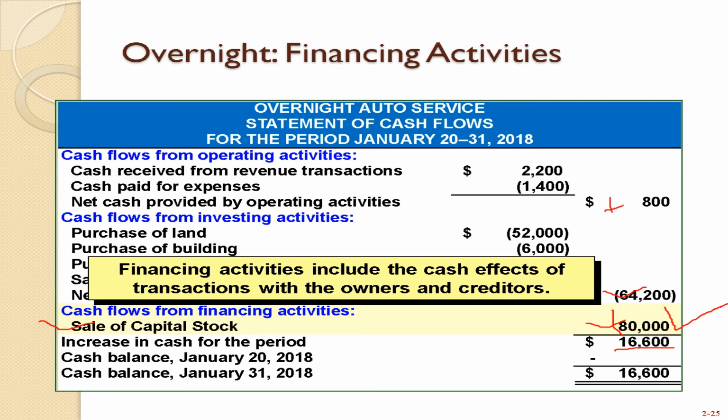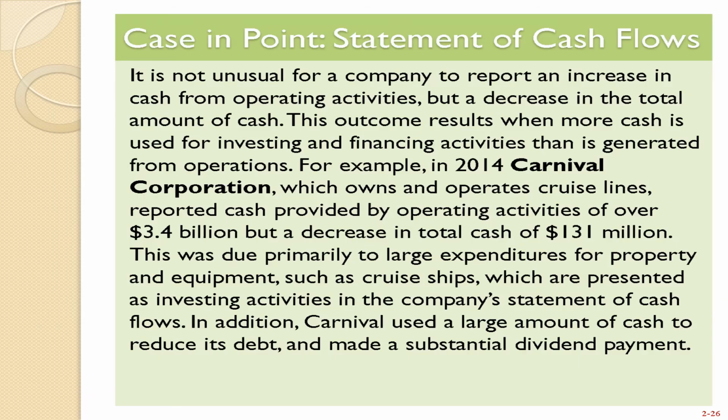The increase in cash for the period will be 16,200. The cash balance in January 2018, we have not received any information, and at the end of this month, we receive 16,600. So this is the cash flow in all the activities.